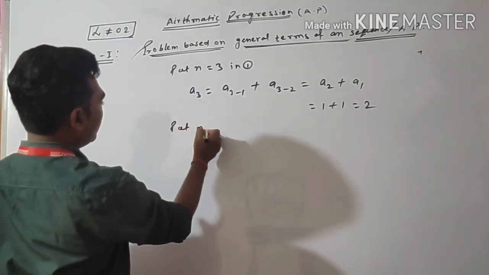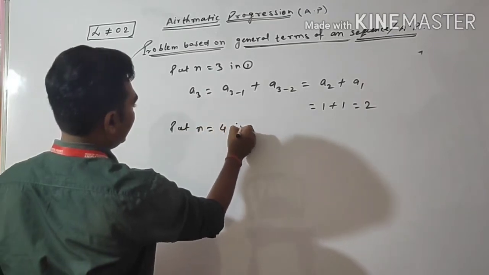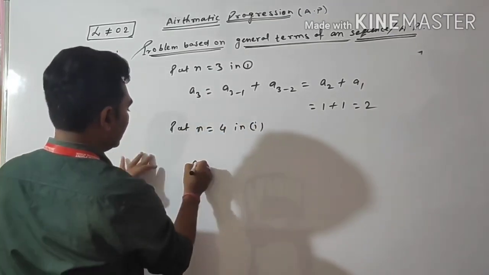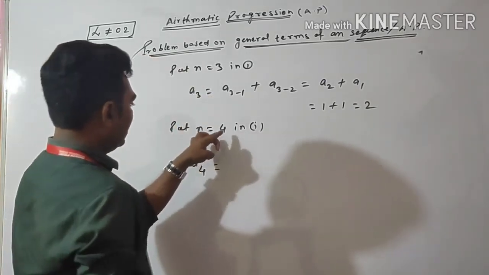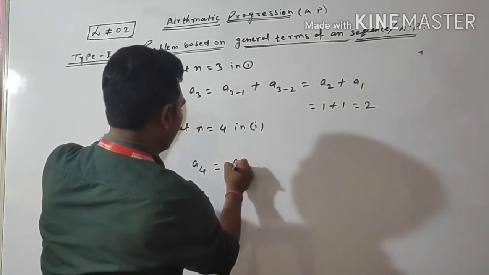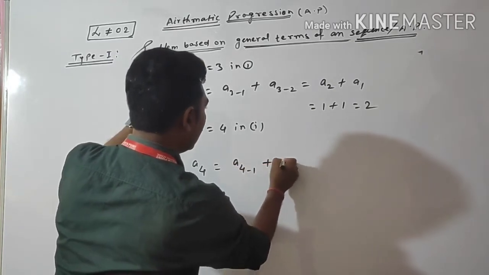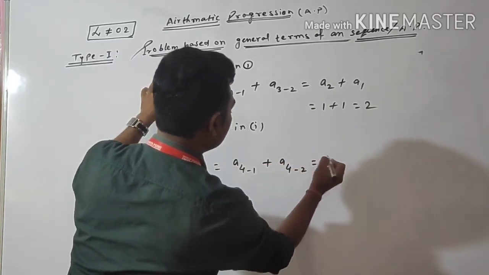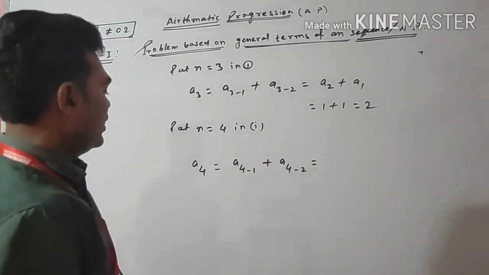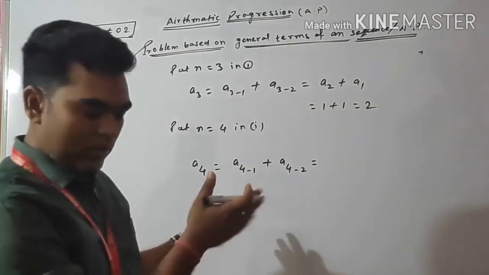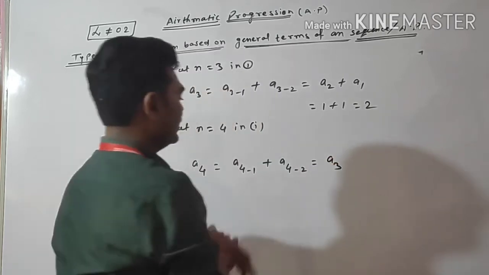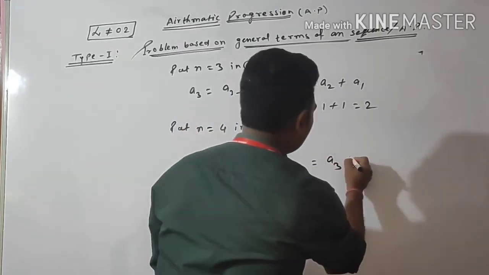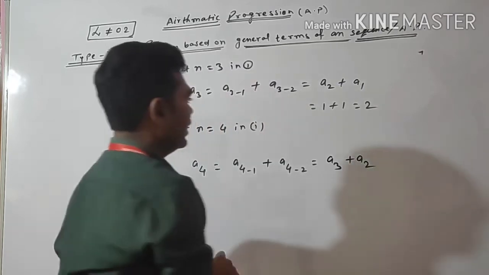Second, put n equal to 4 in 1. Then a4 equals a4 minus 1 plus a4 minus 2. Look, a4 minus 1 is equal to a3, and a4 minus 2 is equal to a2.